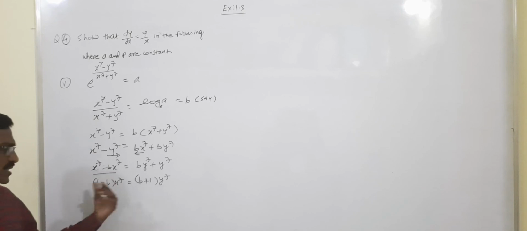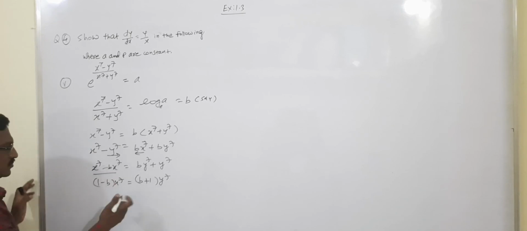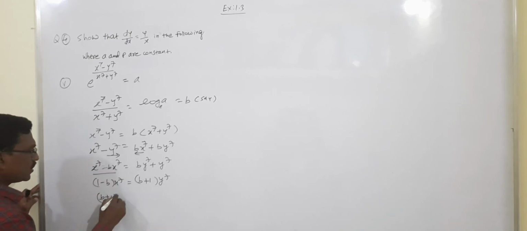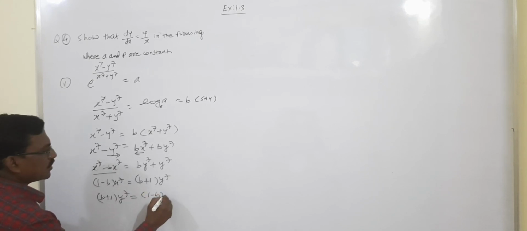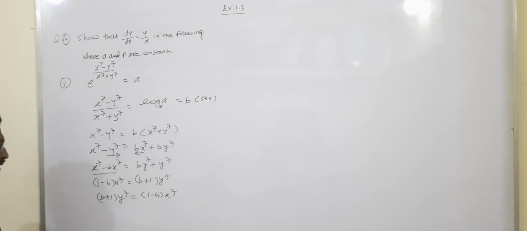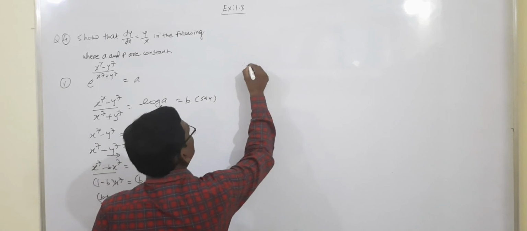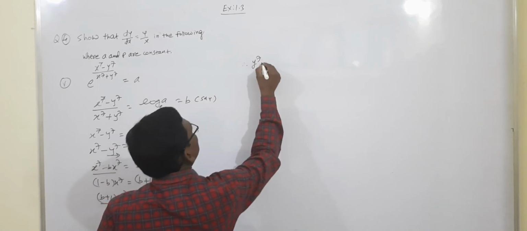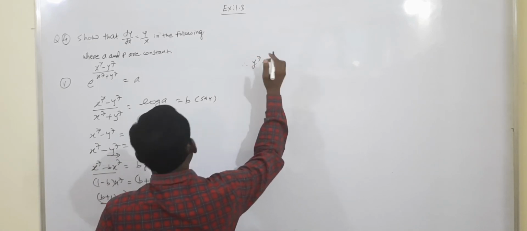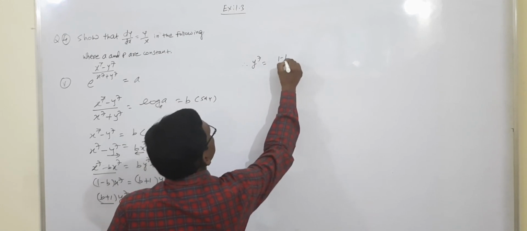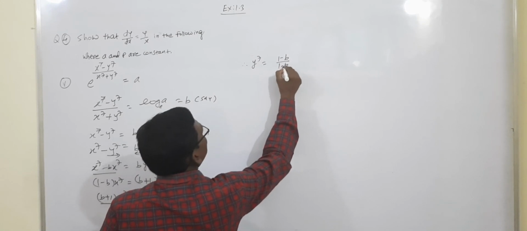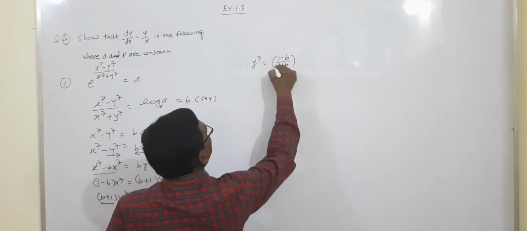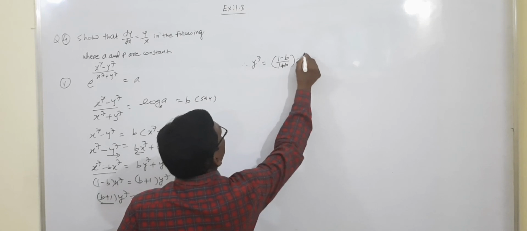Now we interchange its places here. So b plus 1 into y to the power 7 is equal to 1 minus b into x to the power 7. Now we take this b plus 1 to the right hand side. Then y to the power 7 is equal to 1 minus b divided by b plus 1 into x to the power 7.